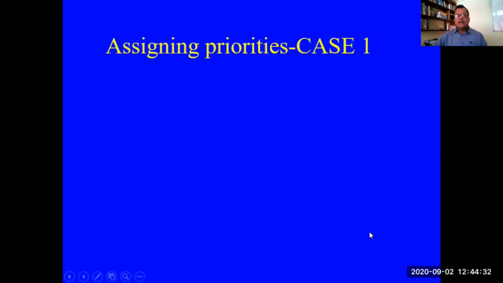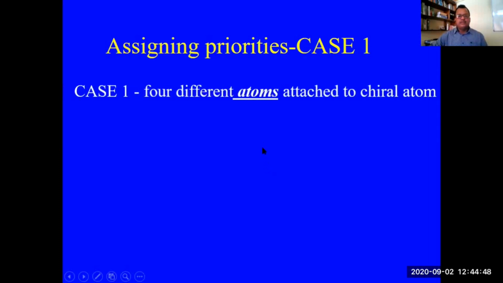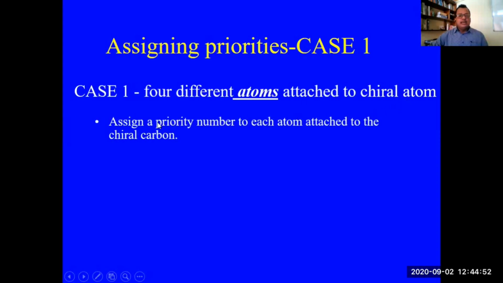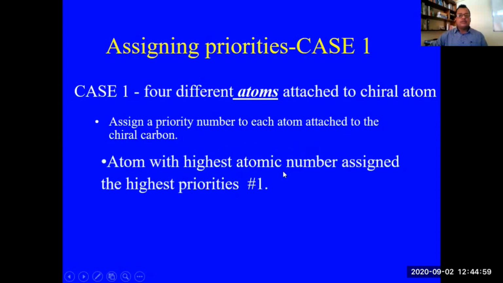Now, how will you assign priority? That is the important part. We assign priority of atoms or groups based upon their atomic number. Higher atomic number means higher priority. So if 4 different atoms are attached to a chiral carbon, assign a priority number to each atom on the basis of atomic number.